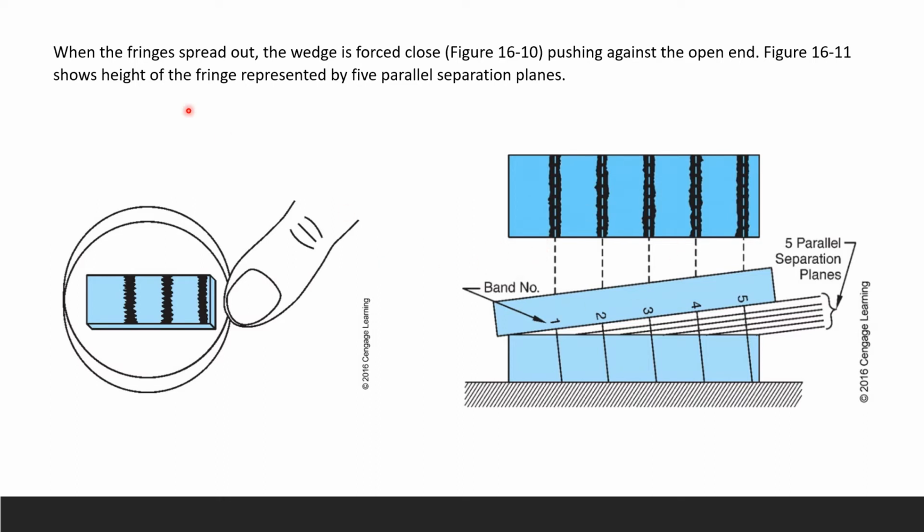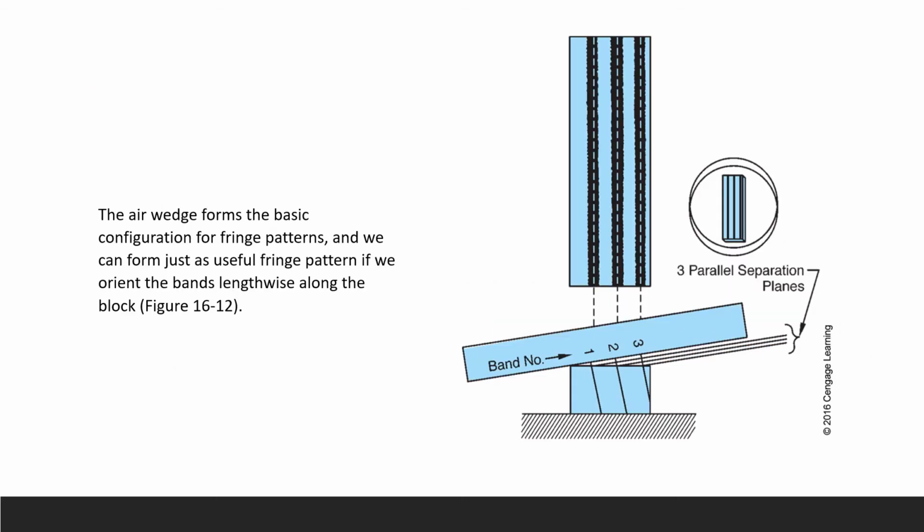Here on this side, these are again greatly exaggerated, just showing that the height of the wedge is represented by 5 parallel separation planes. These are your parallel separation planes corresponding to these fringes, and each is going to equal 1/2 wavelength.